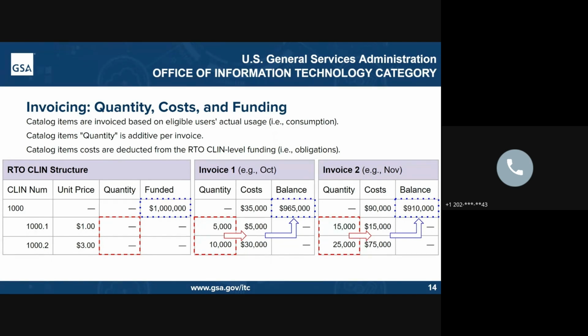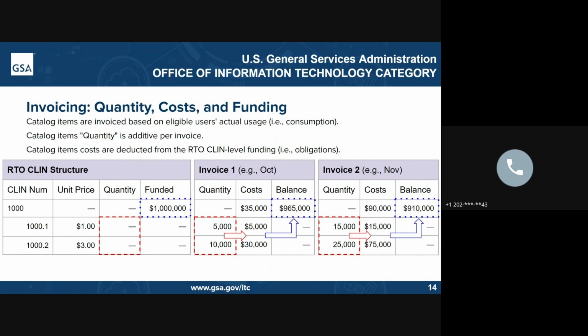Those costs are now identified in the cost column, and that would be $1 times 5,000 gets you 5,000. $3 times 10,000 gives you 30,000. Now, the costs are identified at the sub-CLIN level. They roll up to a total cost, in this case, for invoice 1, 35,000.